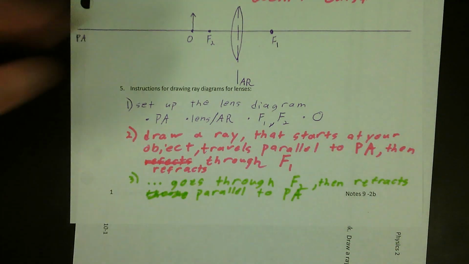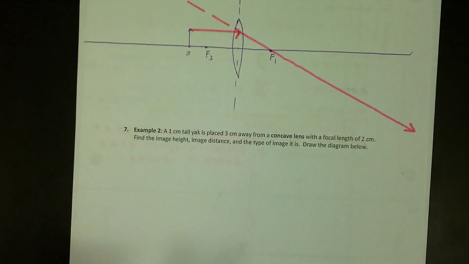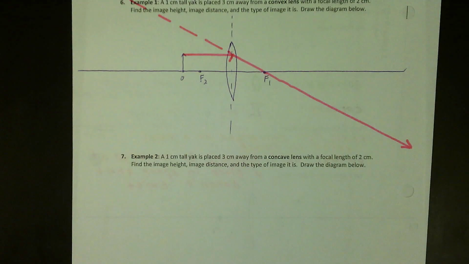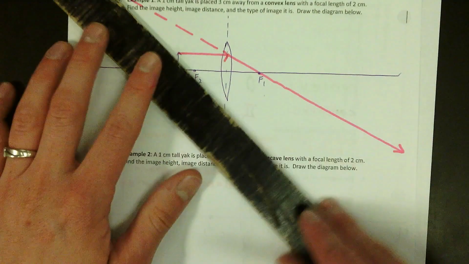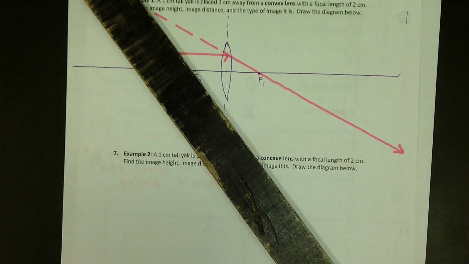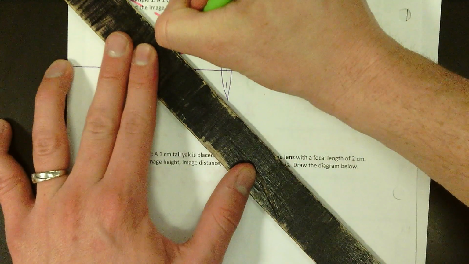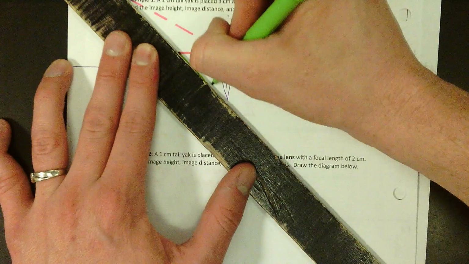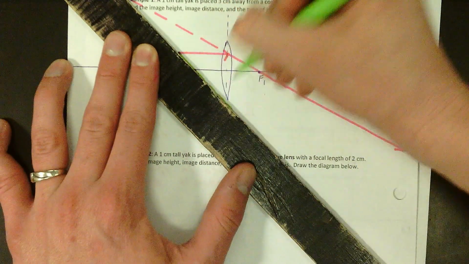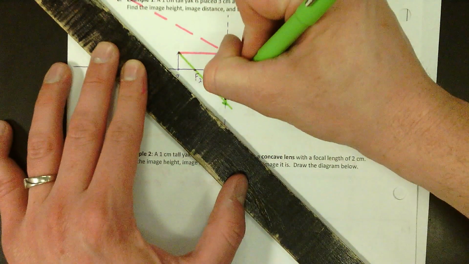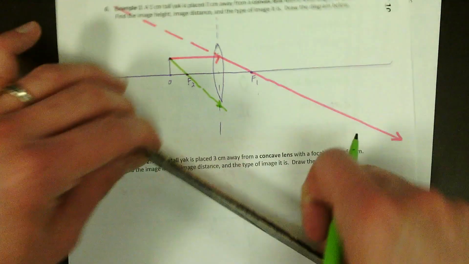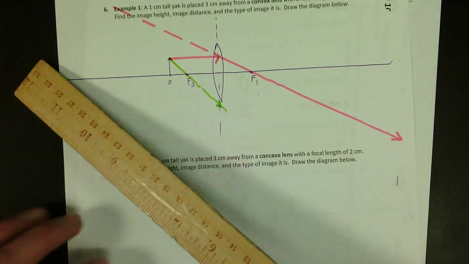Okay? So, here's what it would look like on my problem. This time it goes through F2 first. So start at the same point, go to F2. This time, again, I'm going to that vertical line here. Wow, I totally botched that. My bad. Picked the wrong side of that ruler.